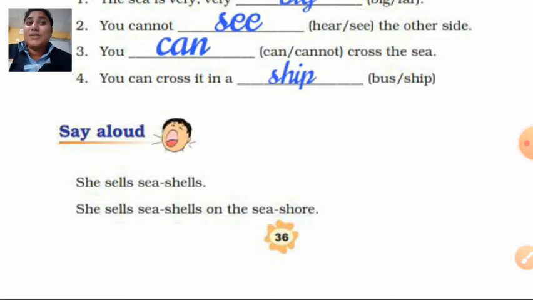Or it's the seesaw. It's the seashore, not seesaw. So let's try it again. She sells seashells on the seashore. Oh my God, it's so difficult for me.